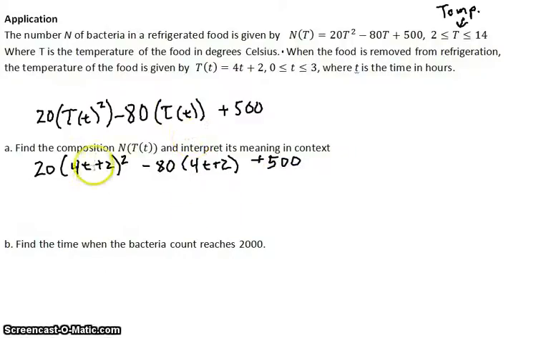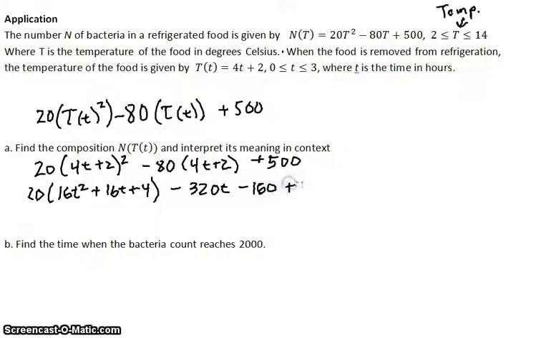So what we have here is a function where we can simplify everything. We have to deal with exponents first. So if I multiply this all out, I get 20 times (16t squared plus 16t plus 4) minus, if I multiply these two things together, 320t minus 160 plus 500.